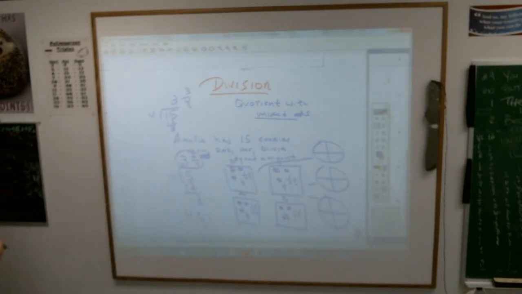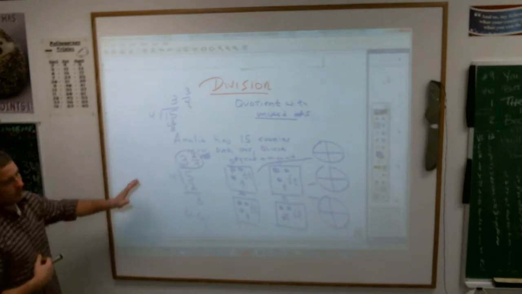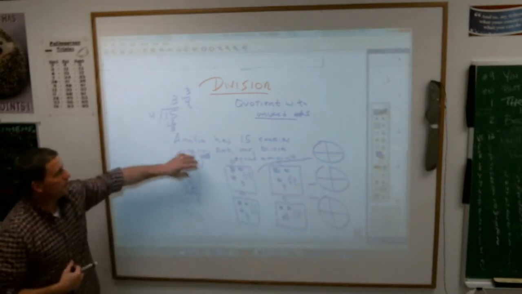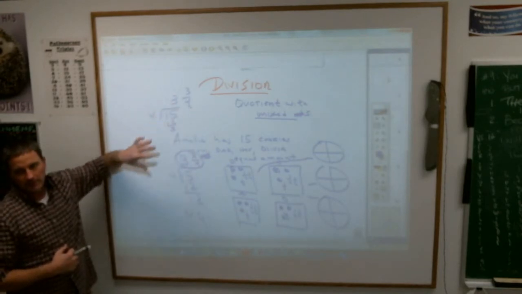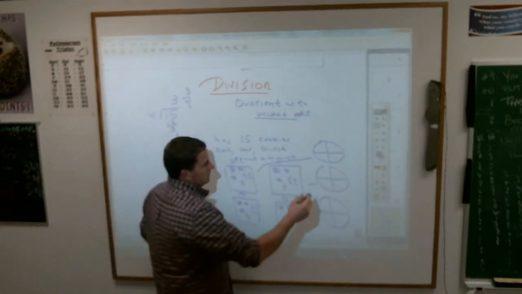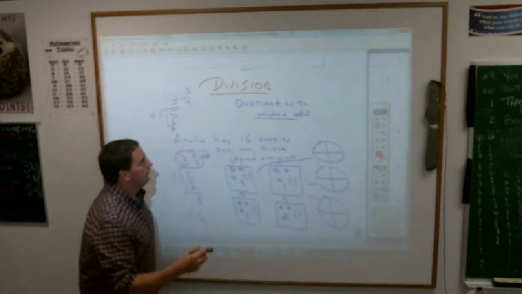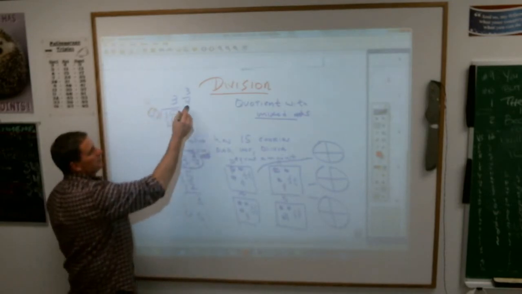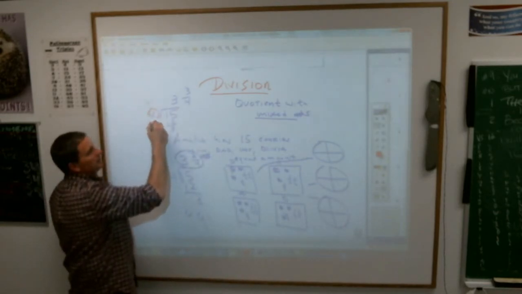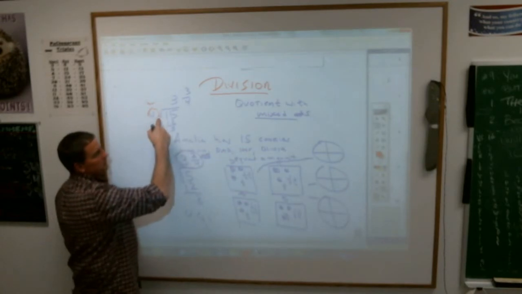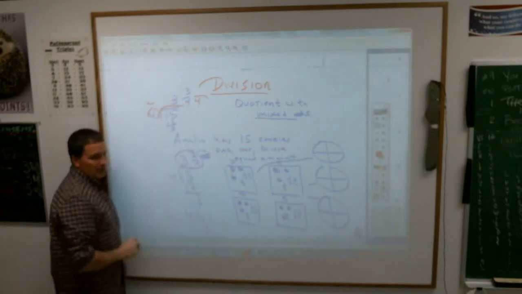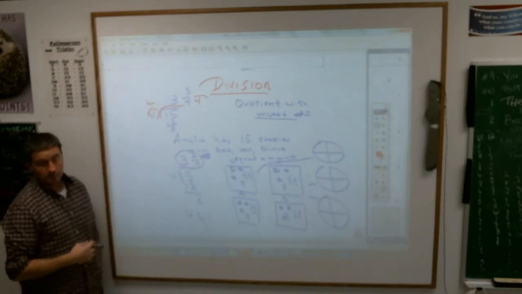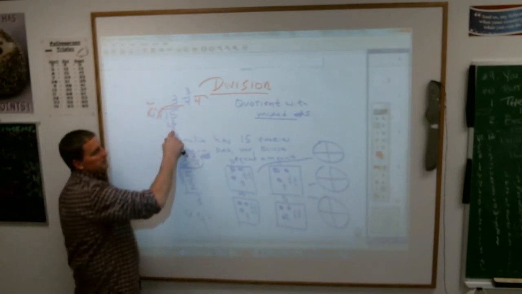Any idea how we got 3/4 without looking at the cookie thing? Because there's 4 people. Remember we talked about the bottom of a fraction being how many people you divided things into? This 4 is what goes on the bottom. Guess where the 3 came from? 3 cookies left over.